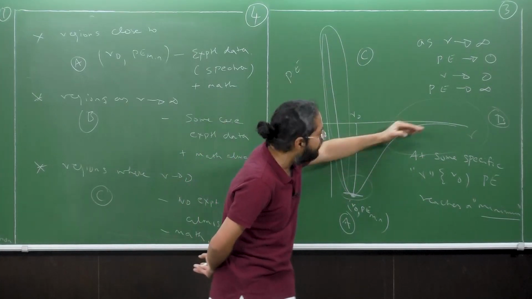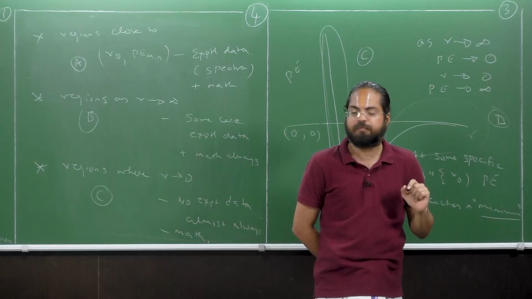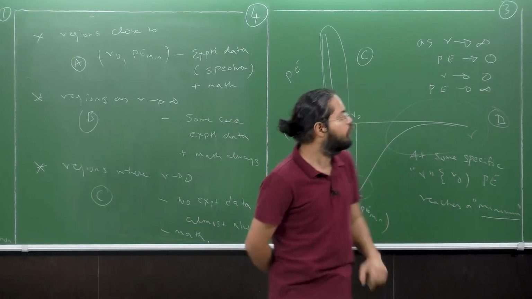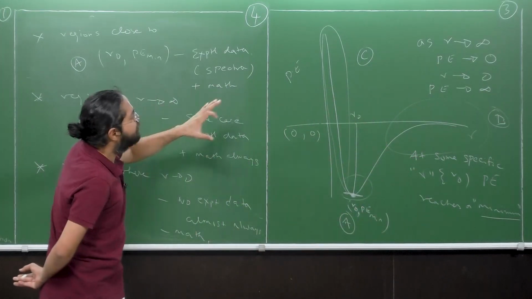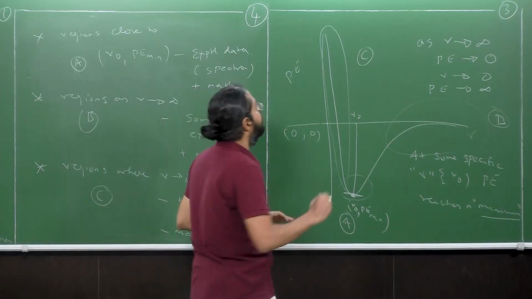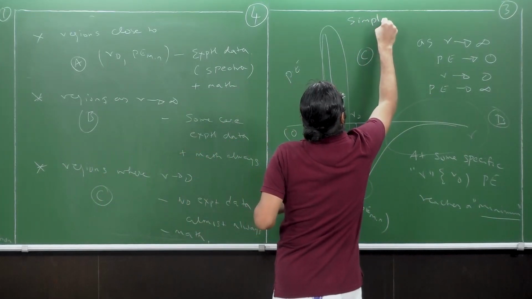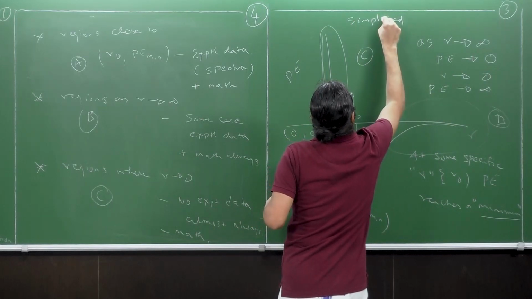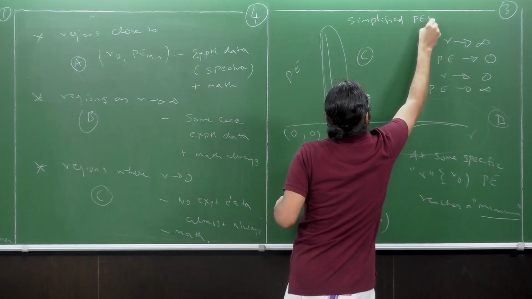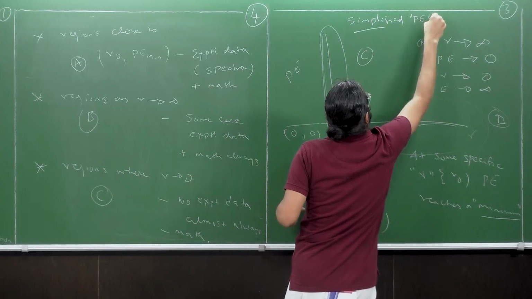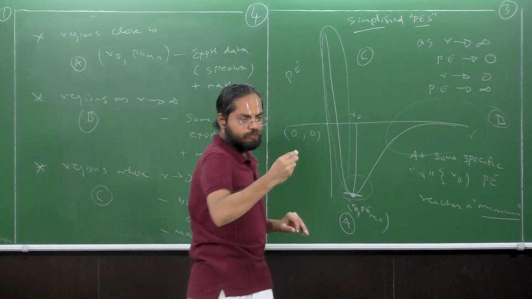But the general shape has been more or less found to be the same. So this is what is called a simplified version of a PES, where PES stands for potential energy surface.